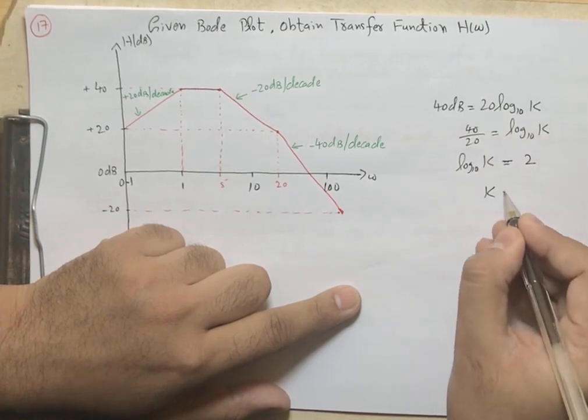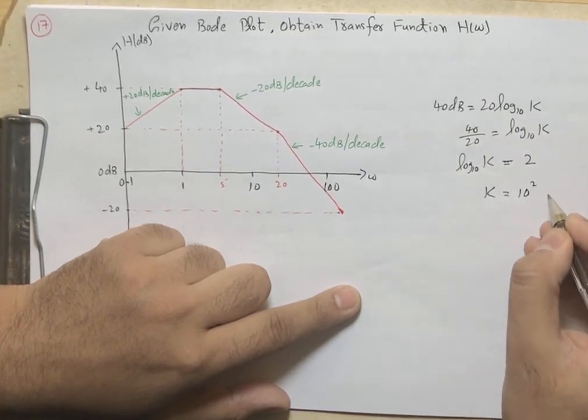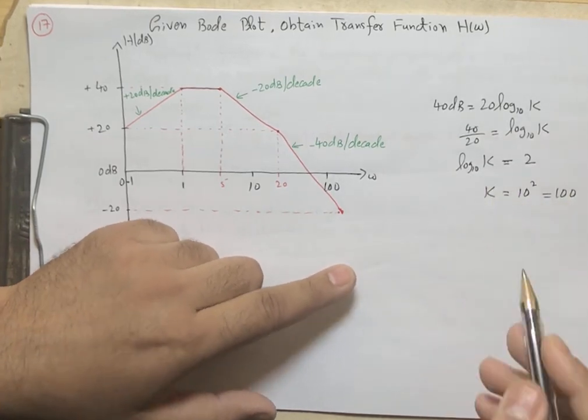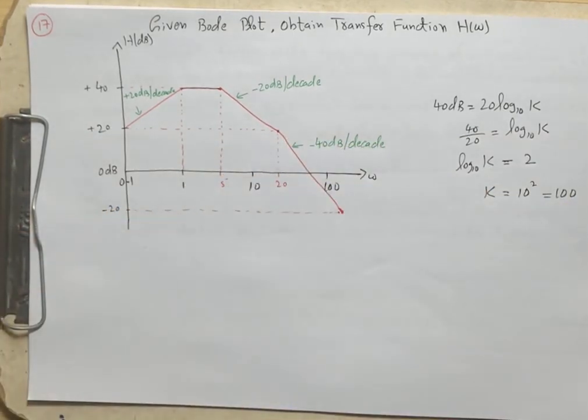If you want to take the value, you have to take 10 power 2. So you have to take the antilog of log 10, which is 10 power 2. So your value of k is 100. So you have computed your value of k.